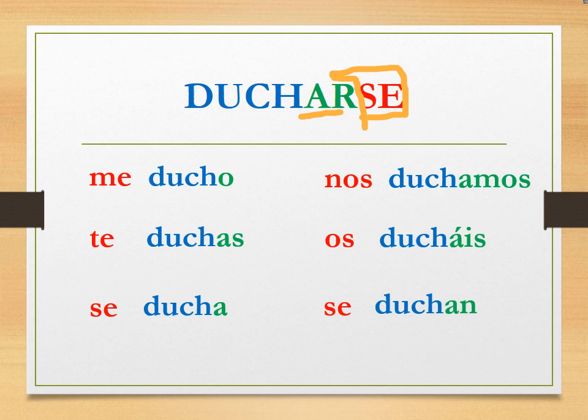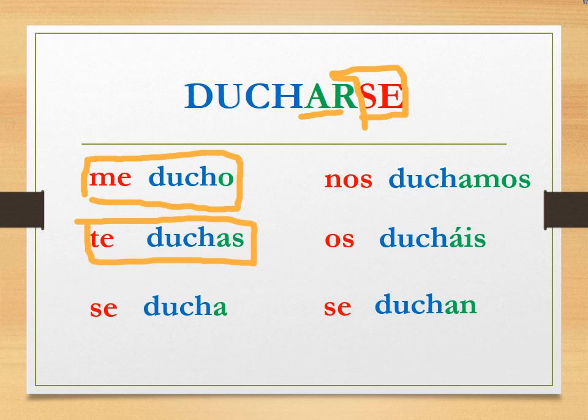Means to take a shower, or to shower oneself. So me ducho antes de ir al trabajo. I take a shower before I go to work. All right. Or if you want to ask someone if they take a shower before going to school, te duchas antes de ir a la escuela. So do you take a shower?